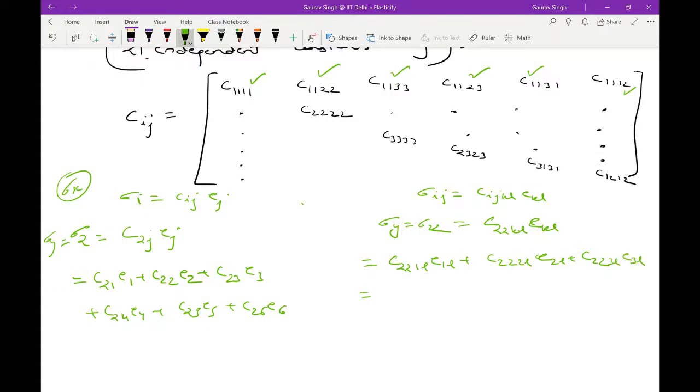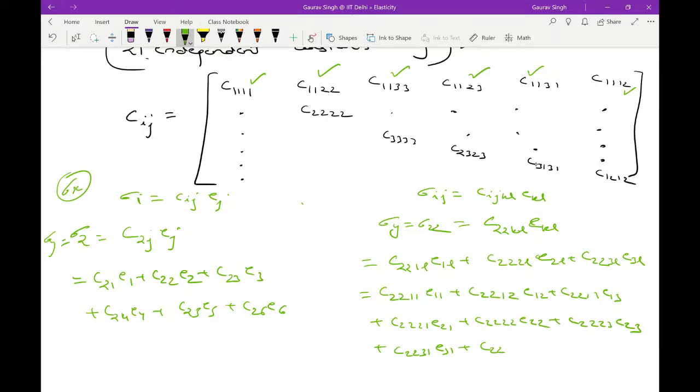Each of these terms can now be broken: C2211E11, C2212E12, C2213E13, C2221E21, C2222E22, C2223E23, plus C2231E31, plus C2232E32.